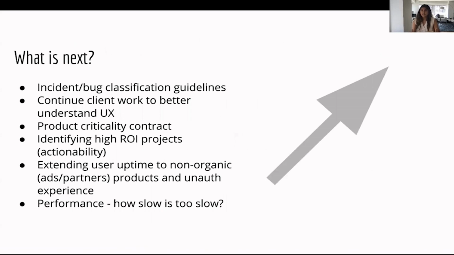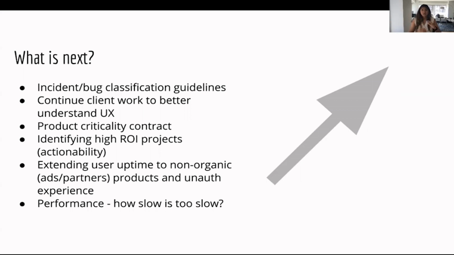So what's next on the roadmap for us? There's a lot of work still to be done at Pinterest with respect to user uptime. One of the things that we are working on and somewhat completed recently is incident integration in our guidelines. We reclassified previous incidents. We went back in logs and looked at incidents of various severities and identified how much downtime was caused by each of those incidents.